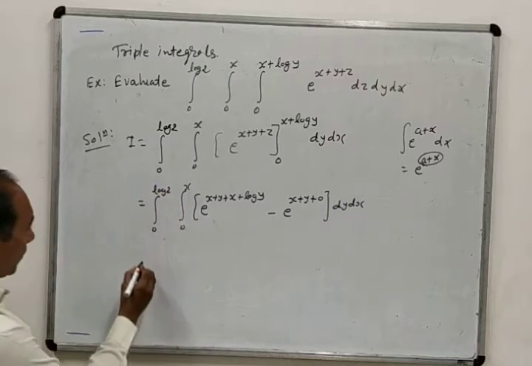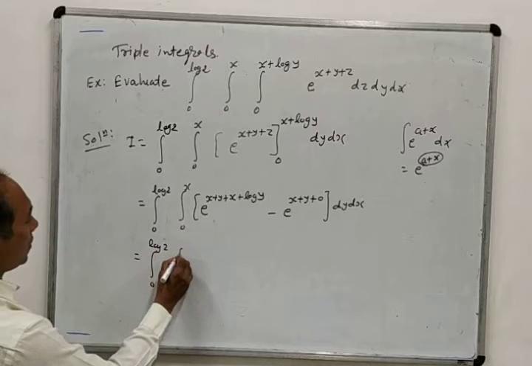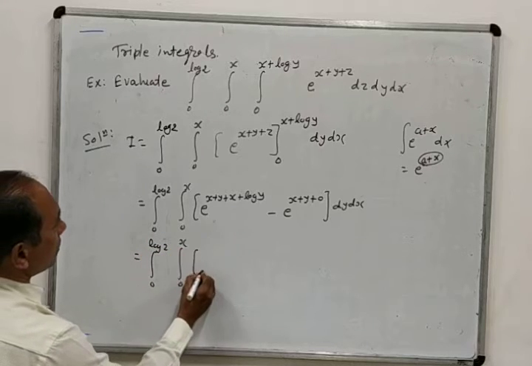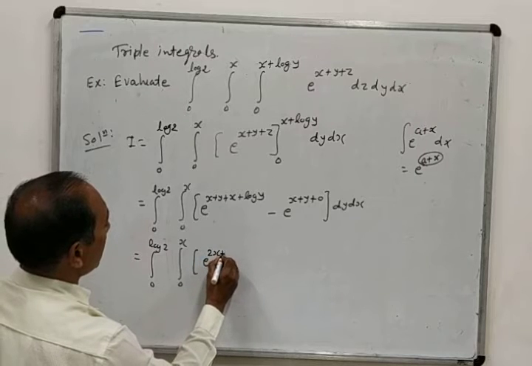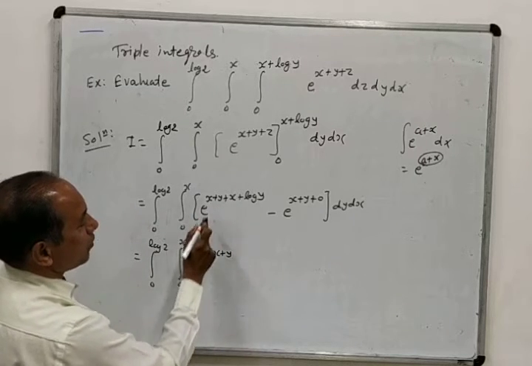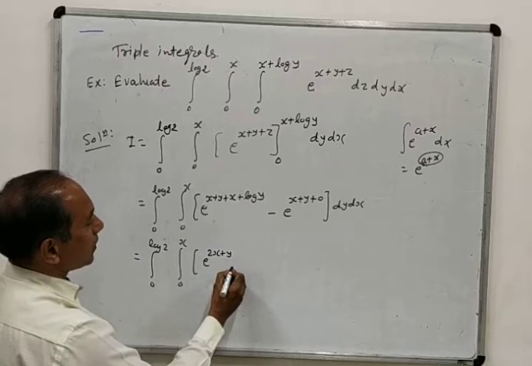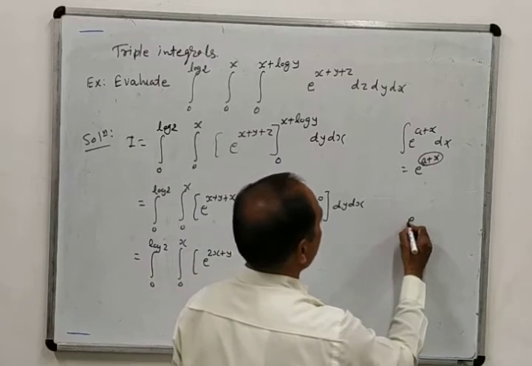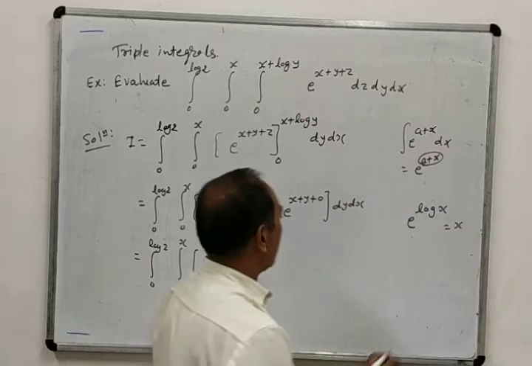Okay. So now see what will happen. Integral from 0 to log of 2, 0 to x. So now here it is e raised to 2x plus y plus e raised to log y. But this we can write as e raised to log y, and you must be knowing that if we are given e raised to log of x, then it is nothing but x only.